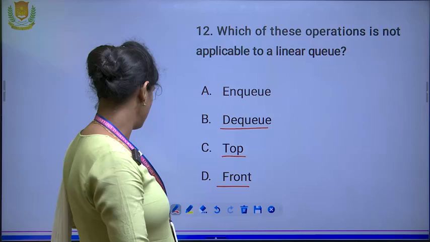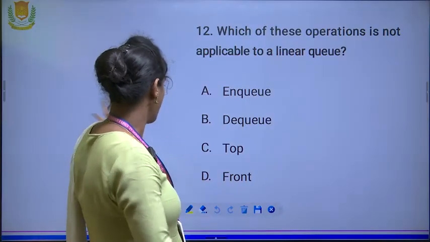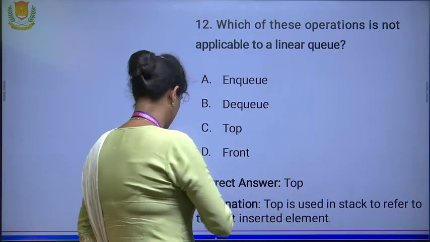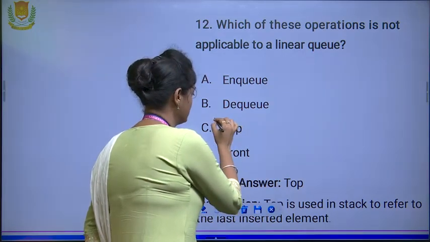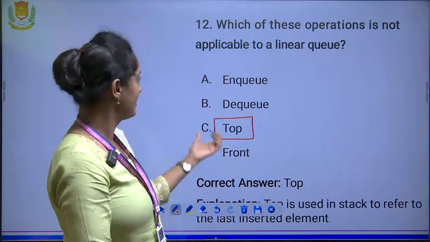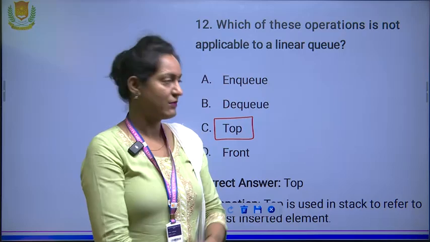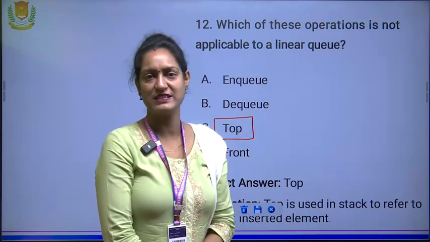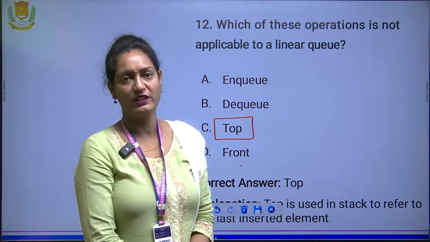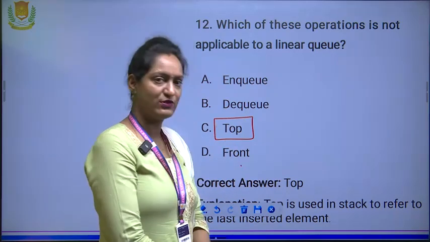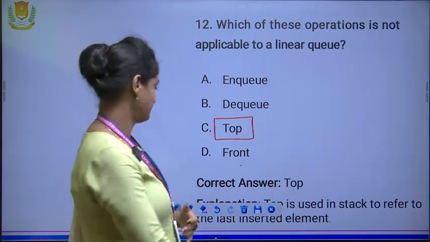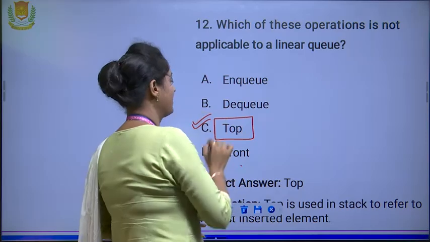The option which is not relevant is option C, that is top. Top is not relevant to a linear queue, because DQ and NQ are the major functions of a queue, and front is a pointer. So only top is a word which is not relevant. It is relevant to stack. So C is the correct answer.